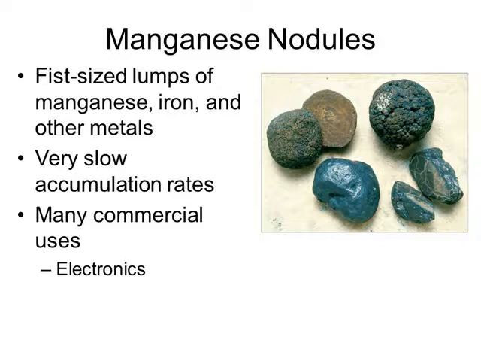They're made up of manganese, iron, and a bunch of other minerals like cobalt. A lot of rare earth minerals are in manganese nodules, and they accumulate really slowly, and typically you'll see a seed in the middle of them that starts them off, and then they will grow outward from that seed. But they are very slow in accumulating and growing.